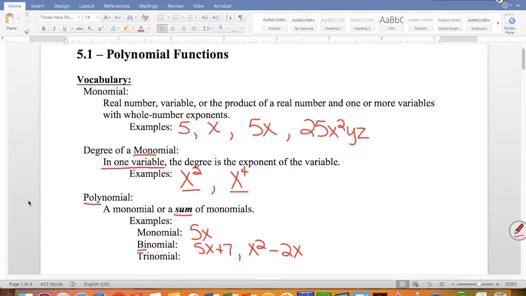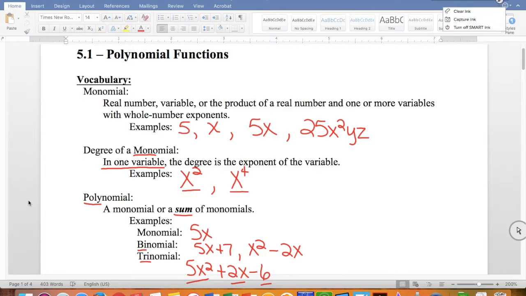So there are two monomials combined together with addition or subtraction. A trinomial, well, tri means 3, so we would obviously have 3. So it could be like 5x squared plus 2x minus 6. That would be an example of a trinomial. We have 3 monomials combined together with addition or subtraction.